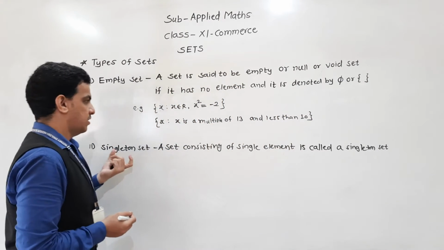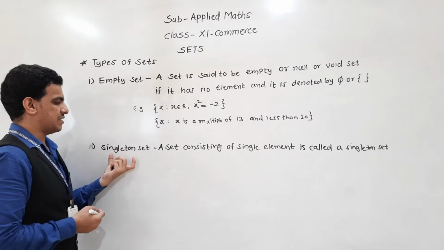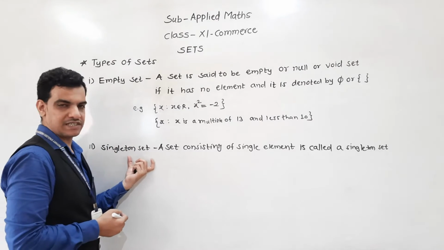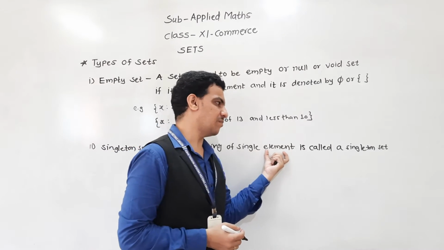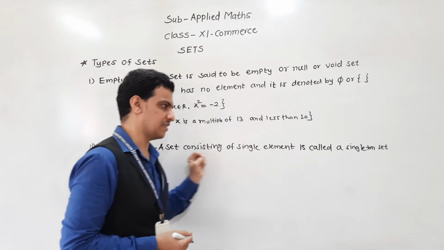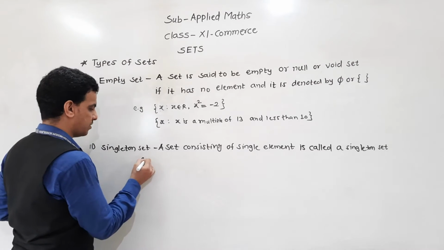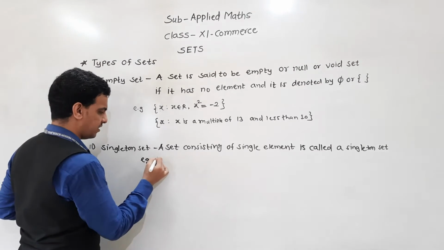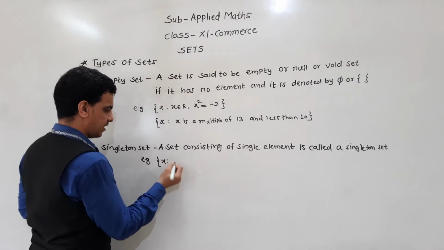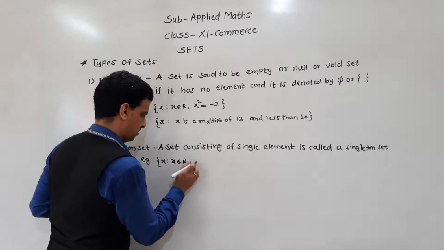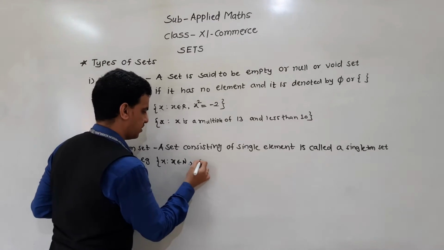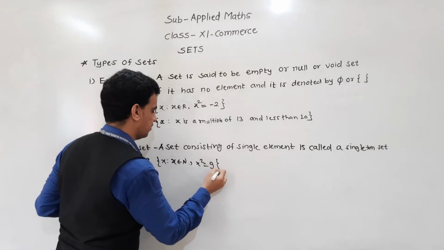Then the next type is the singleton set. A set consisting of a single element is called a singleton set. For example, we can write x such that x belongs to N and x square is equal to 9.